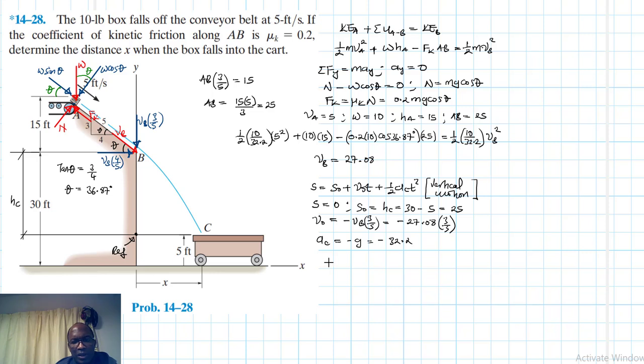Right, plugging everything in, then we'll have 0 is just equal to 25, right? Okay, minus 27.08 times 3/5, and then we have minus half, sorry, there's a t here, times t, then minus half 32.2 t squared.